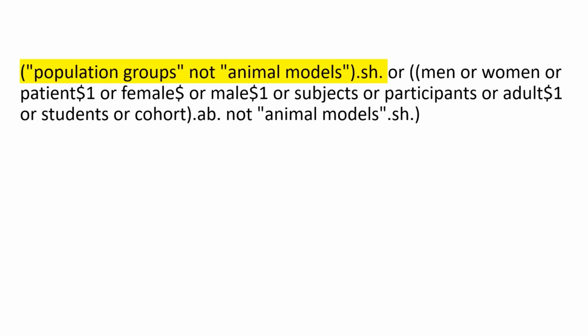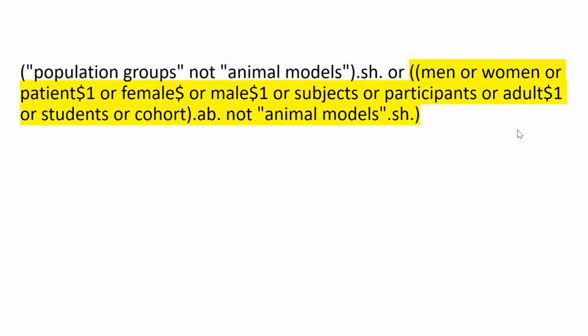That is pretty good at actually getting human studies, although it will sometimes get things like consumer responses, because there's quite a lot of consumer studies in FSTA. So that might not be human studies in the sense that you're looking for them, but everything in there is about people. And then the second part of the filter is actually going broader, because although the first part is all about people, it doesn't pick up every human study.